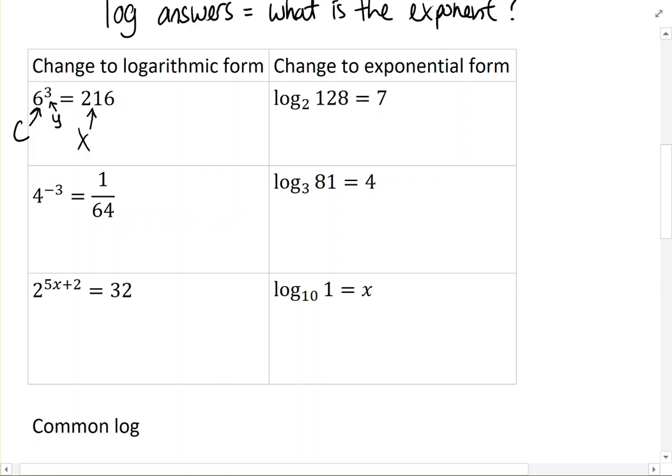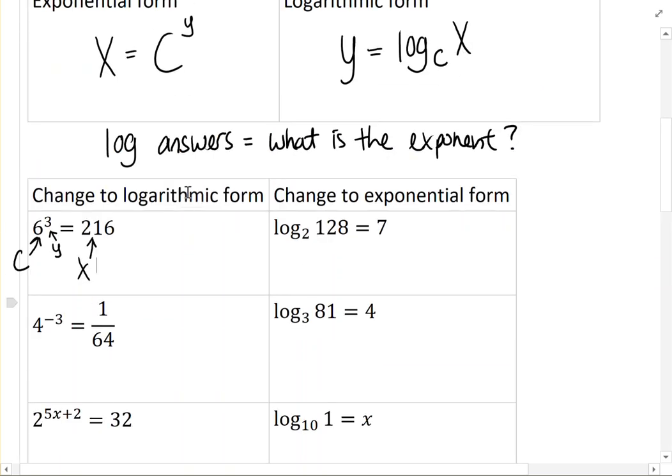So if we rewrite it in logarithmic form, we're going to have 3 equals log base 6 of 216.